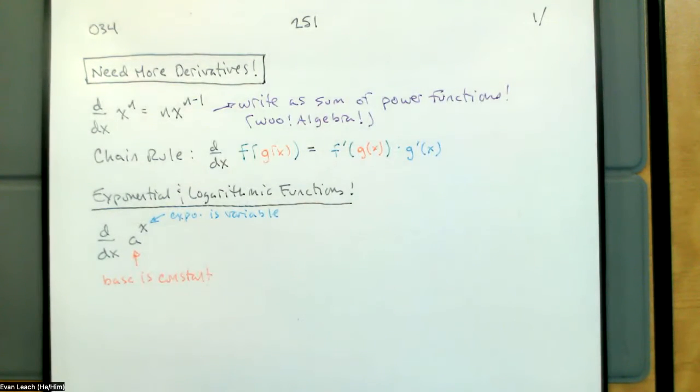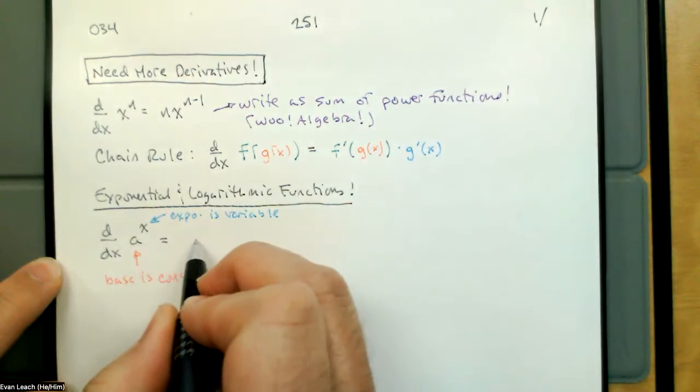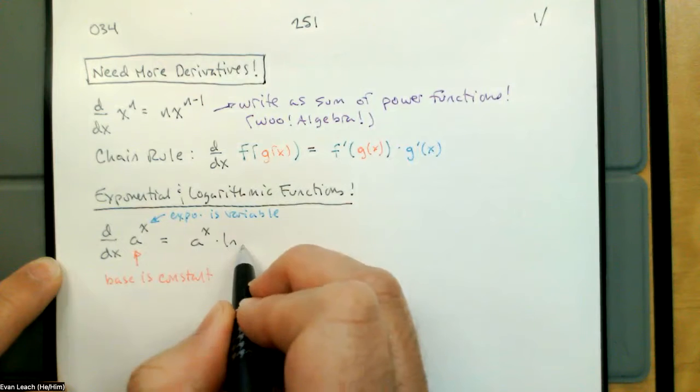We're not going to derive this with the definition of the derivative. We're just going to write down the end results. Remember, in shortcuts, we're playing the role of the engineer, not the role of the philosopher. We don't care why it works, we just care that it works. So the derivative of a to the x is a to the x times the natural log of a.